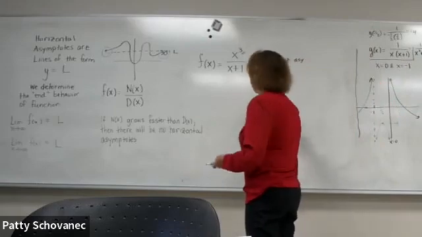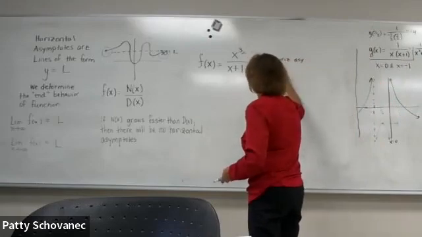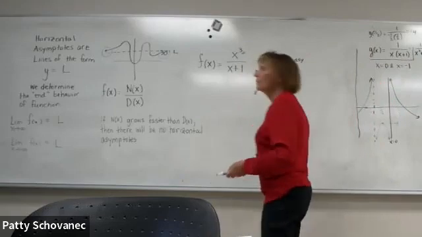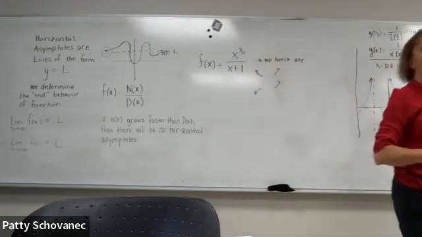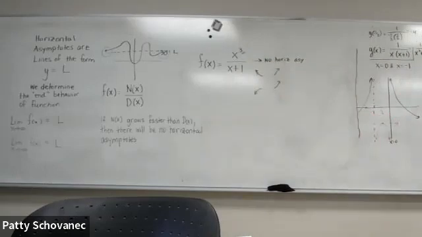The ends of the graph will either look like that, or one end up and one end down, in any permutation. For an x cubed, we're used to the left end down, the right end up, right? So we're going to look at the cases where the numerator has a smaller degree than the denominator, or where the numerator has the same degree as the denominator. Those are the cases that give us horizontal asymptotes.